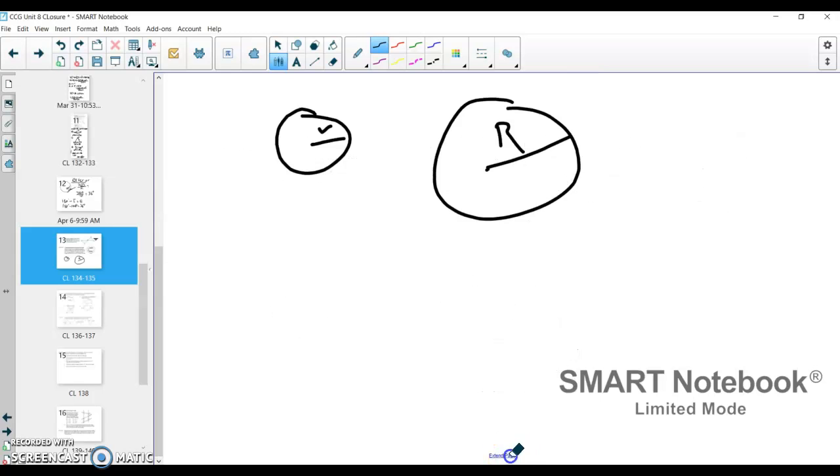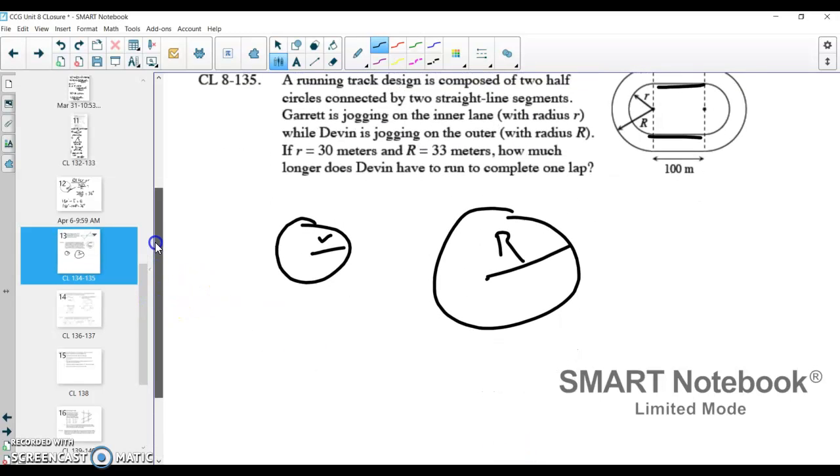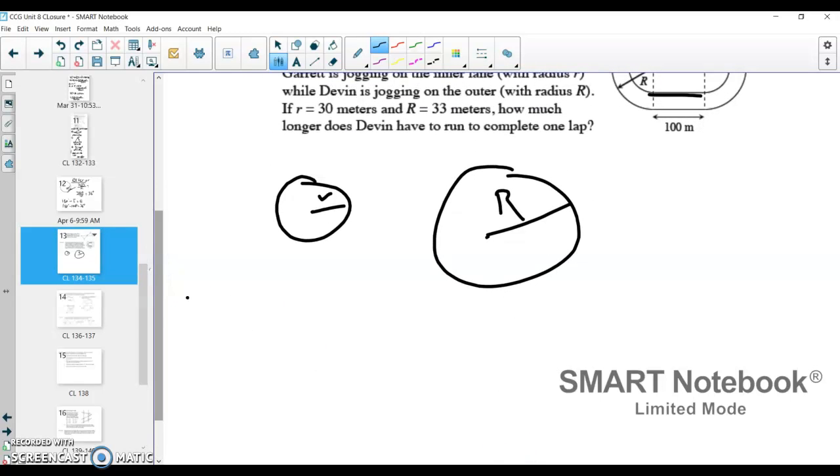To find the circumference of the small circle, I need to use my circumference formula. My circumference is always equal to 2 times pi times the radius. On the small circle, my radius is equal to 30.